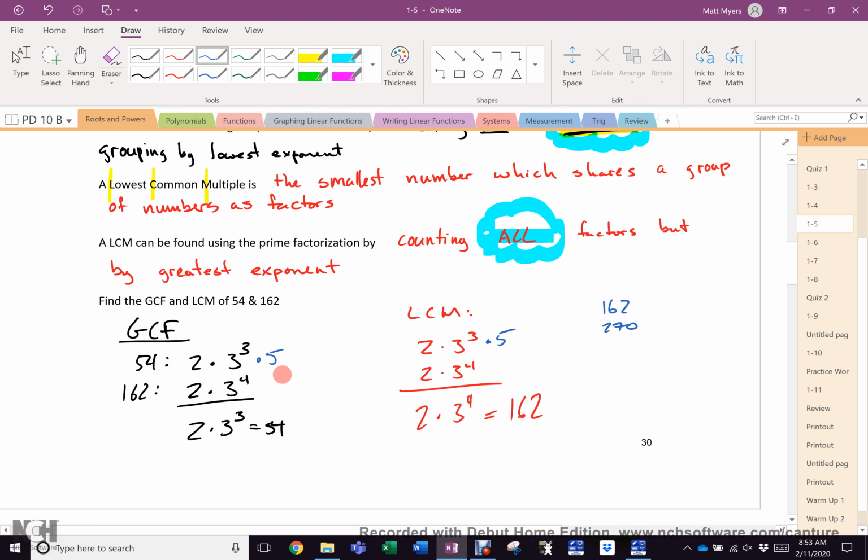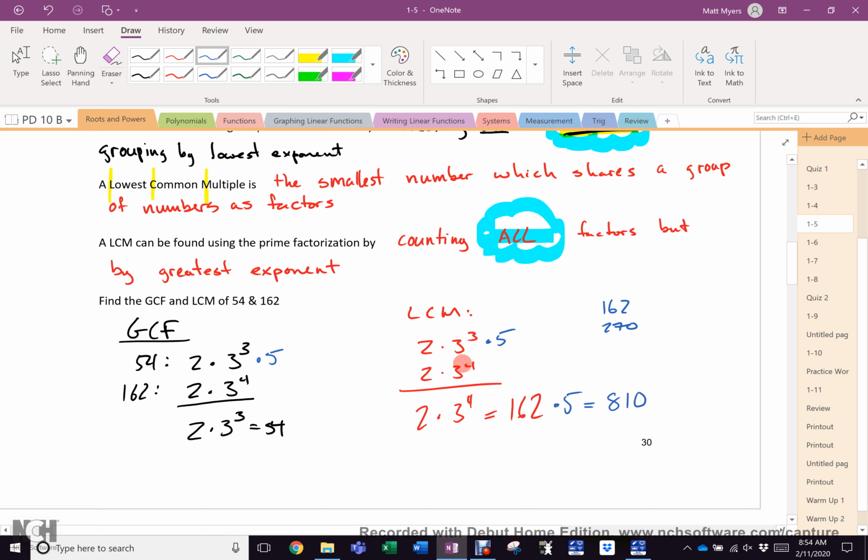And over here, we have to bring this 5 to the party now because 5 is a part of 270. So we have to multiply that by 5 to get 810. Everybody cool? In GCF, because we're only counting parts, we can only count the common things.